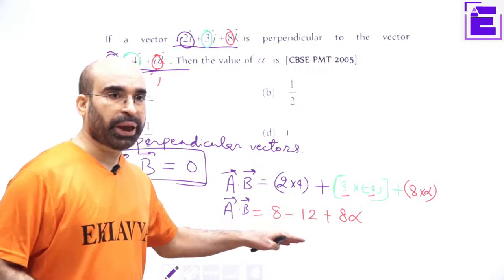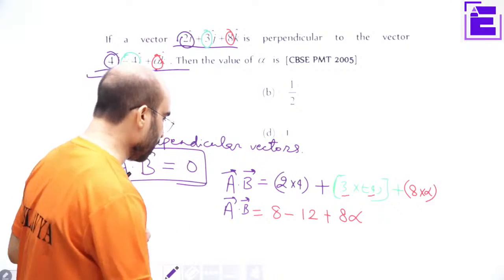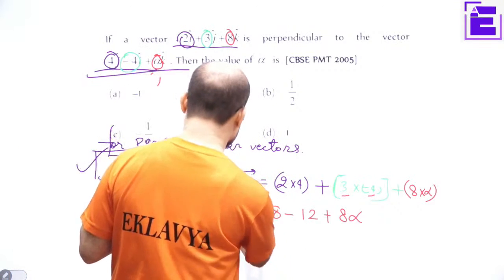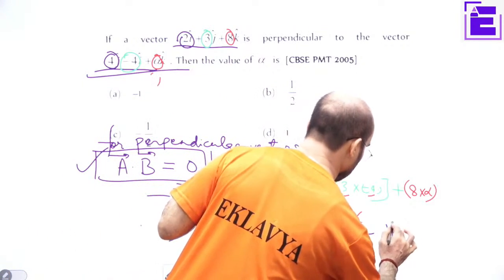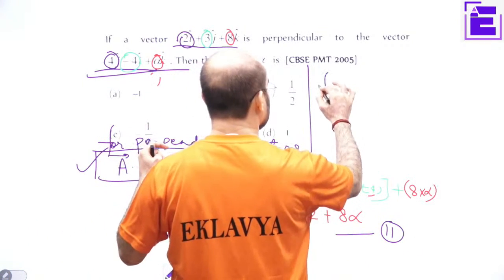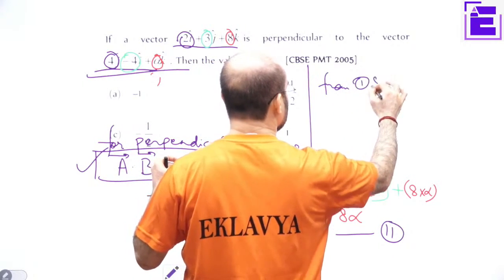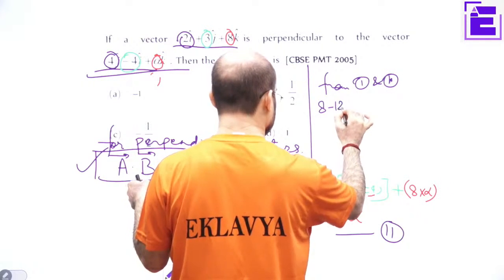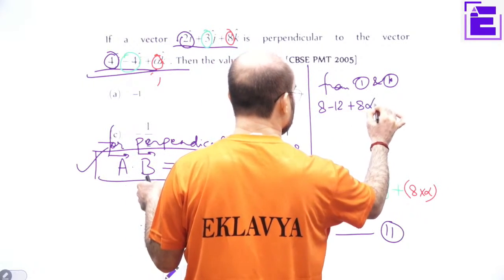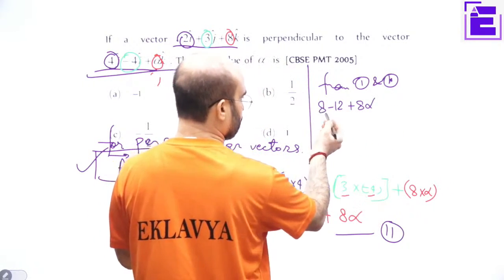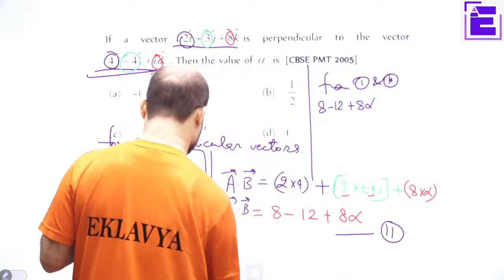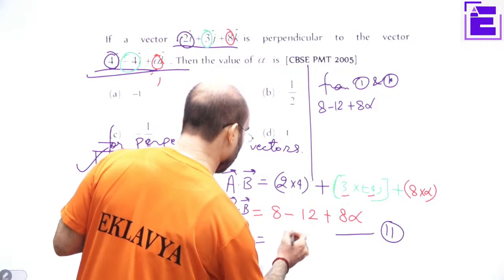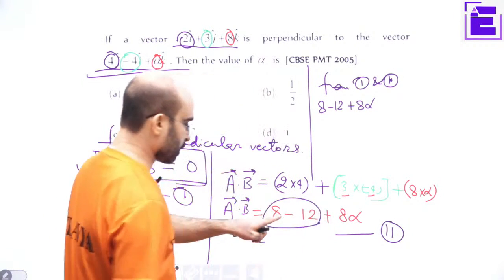So A dot B has to be 0. That means if you look at it, this one is equation 1, this one is equation 2. From 1 and 2, what we get? We get 8 minus 12 plus 8 alpha. Obviously the resultant is this, no? This is minus 4.